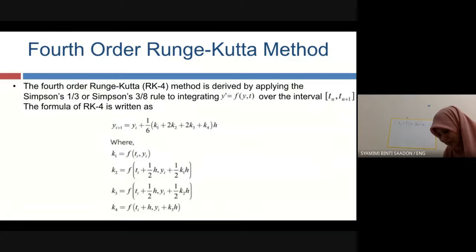We start with 0, so the first K1 will be y0 prime. Y0 prime is negative 1.1, so I don't need to calculate again. So K1 is y0 prime, which we calculated just now, minus 1.1.